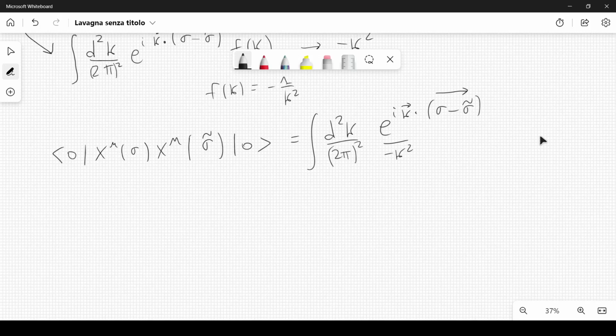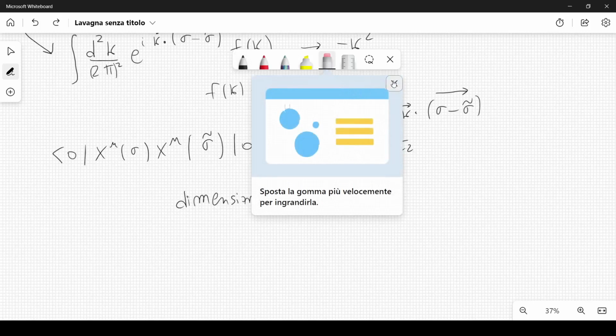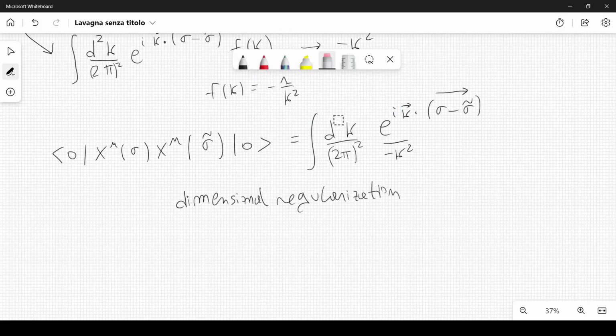We can see this with a trick which is called dimensional regularization. Let me write it down. Dimensional regularization. Namely, we have to rewrite this integral here, instead of 2 dimensions, we are going to replace the 2 dimensions with 2 plus epsilon.